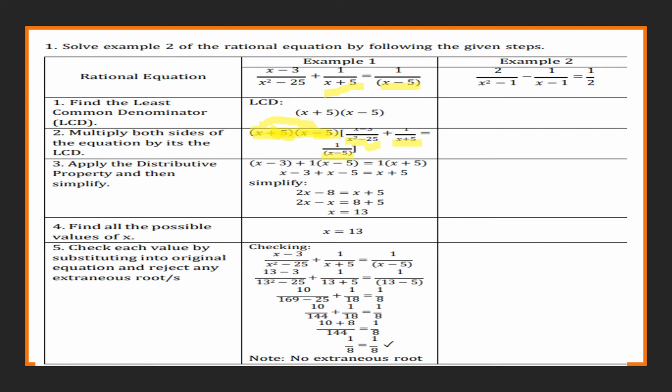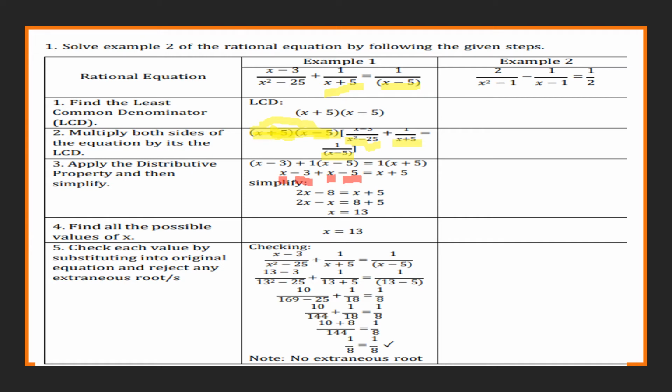Then we simplify. x minus 3 plus x minus 5 equals x plus 5. Then we simplify, combine similar terms. x plus x, that will give you 2x. Then you have negative 3 and negative 5, that is negative 8.